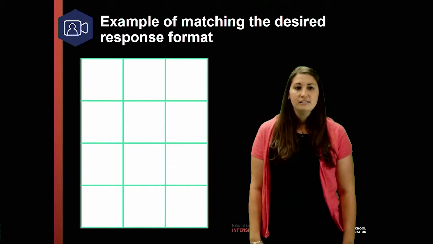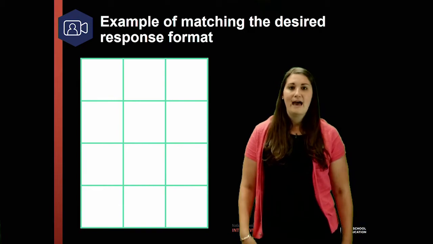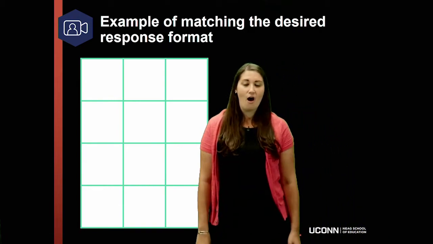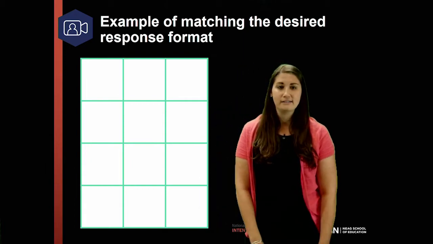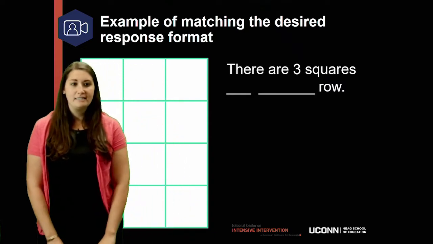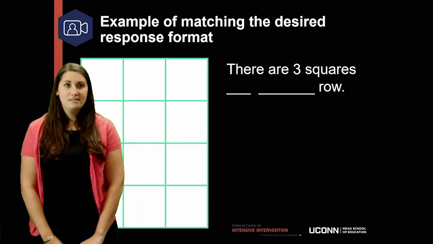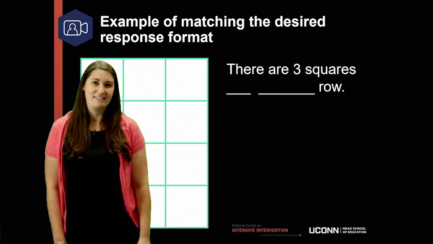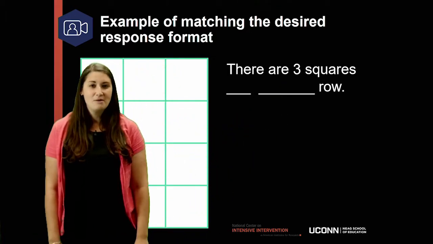Very good. So everyone, all of the rows have how many squares? 3. Very good. All of the rows have 3 squares. I'd like you to whisper to your partner to finish this sentence. There are 3 squares, blank, blank, row. Actually, to fill in the sentence, not to finish it. Go ahead and whisper to your partner.